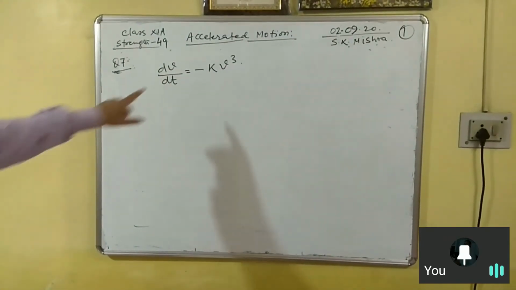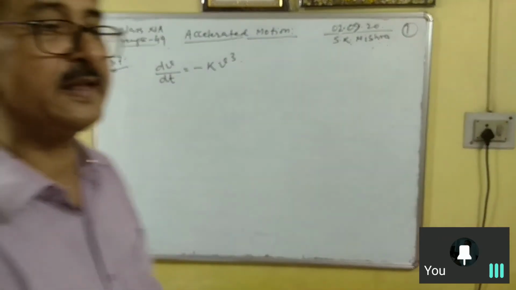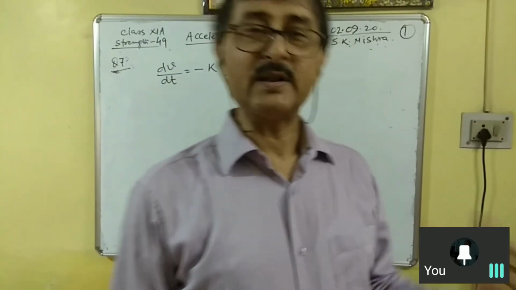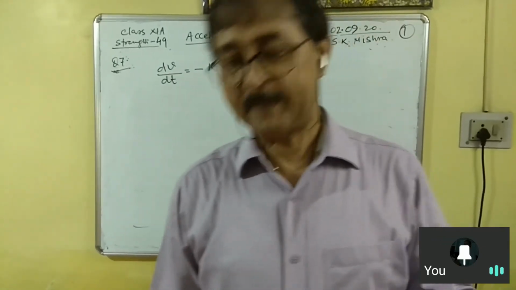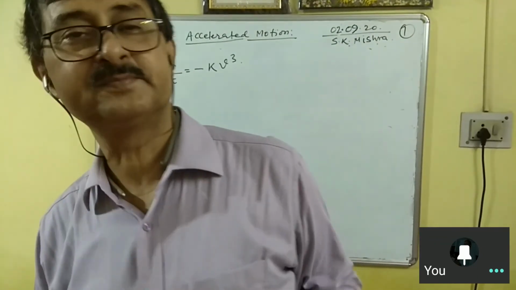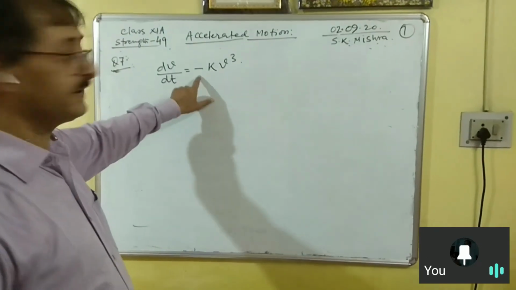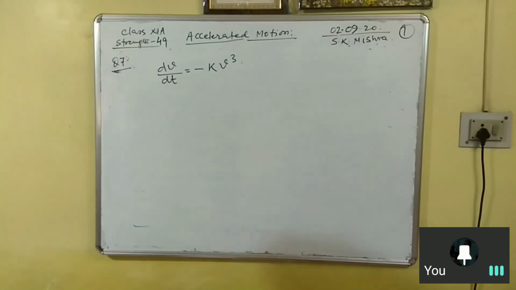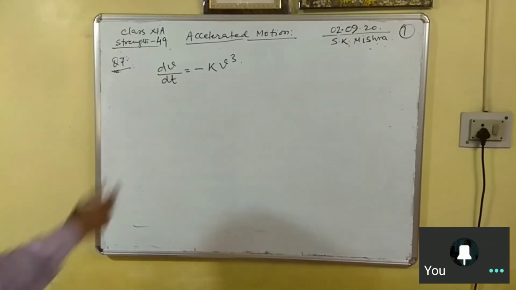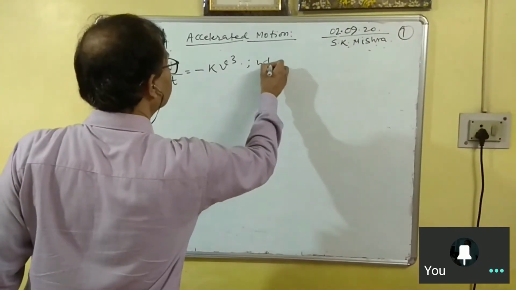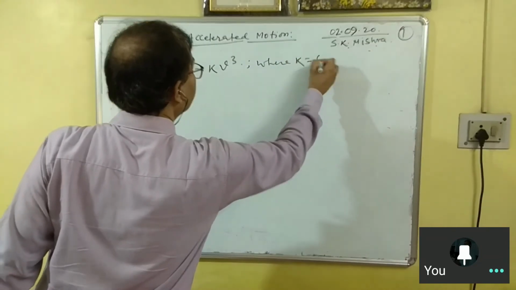Obviously it has a negative sign, meaning retardation will be there. Once the engine is cut off, the boat starts decelerating. The speed of the boat starts decreasing, and that's why it follows the negative sign.